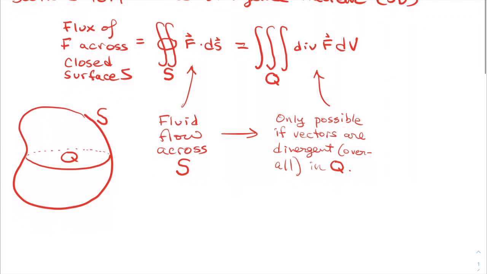Okay, and just as a reminder, div F is del dot F. So it's very common in physics not to say divergence; we like to say divergence in math.